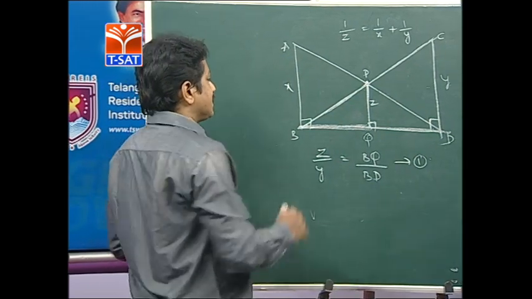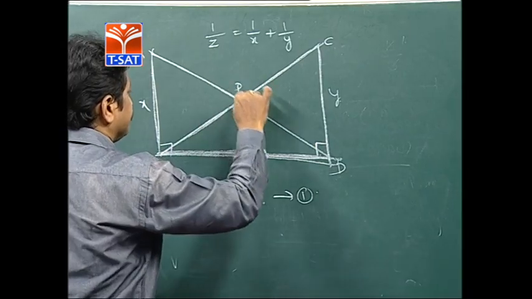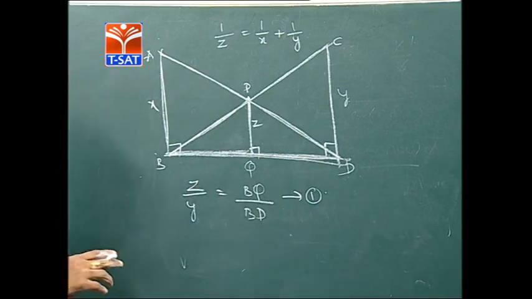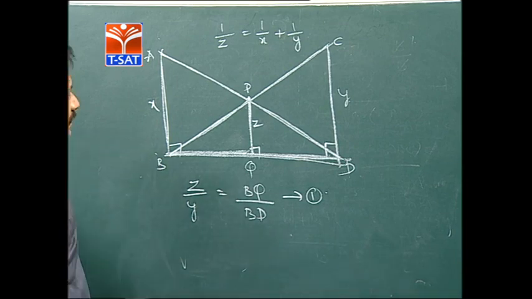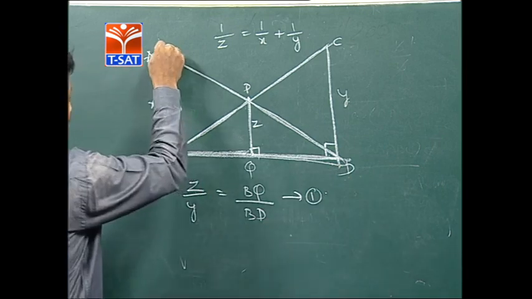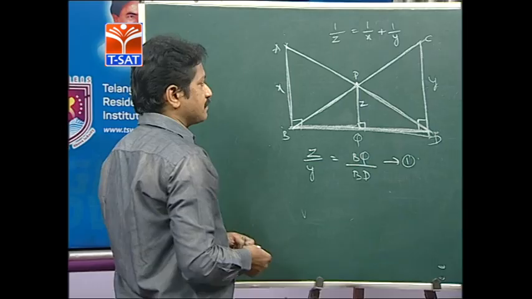Now, I am considering the triangle ABD, this triangle. When you consider PQD and the ABD, these two are similar triangles, am I correct?